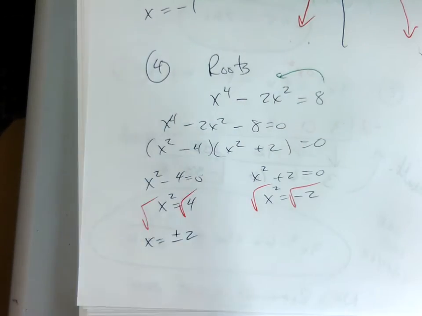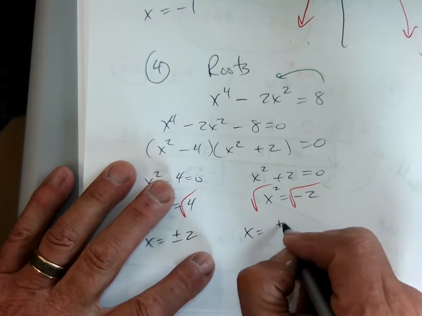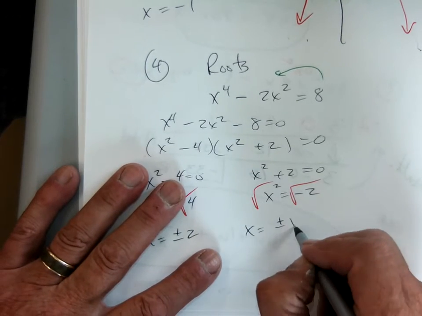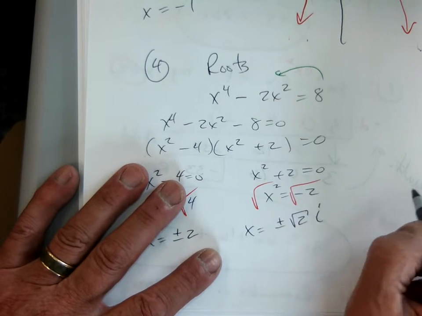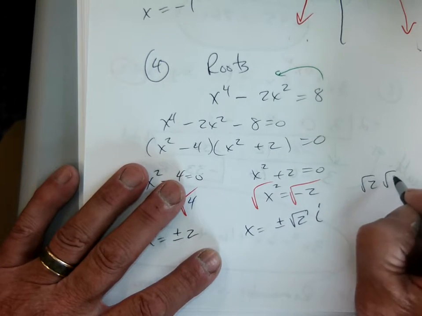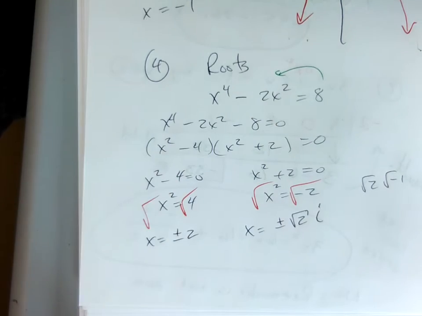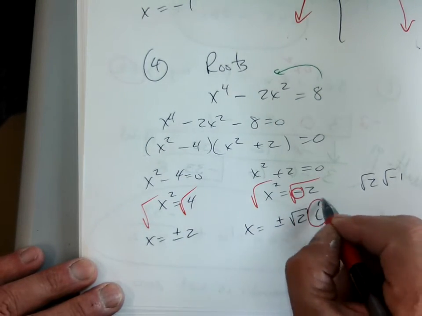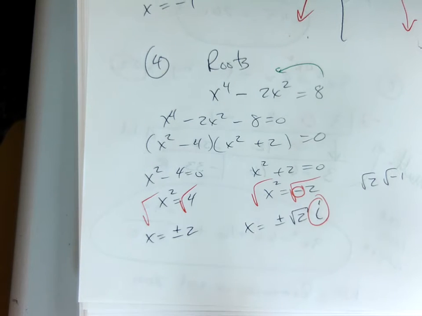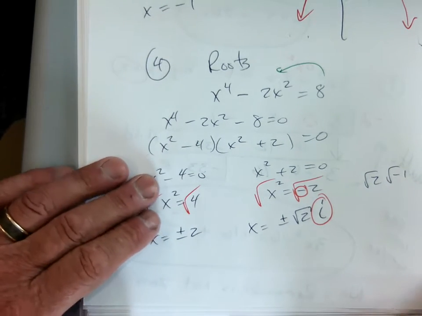I'm going to have plus or minus square root of 2 i. And that's because I got a square root of 2 and a square root of negative 1, right? So you need the i from the square root of a negative number. And we have 4 answers. How am I doing? I'll wait for you.